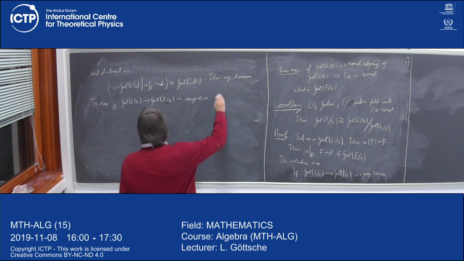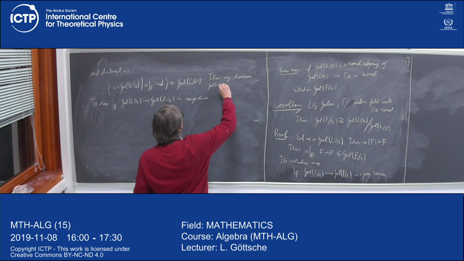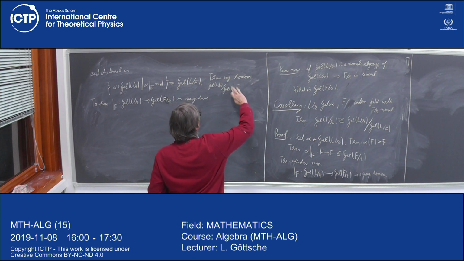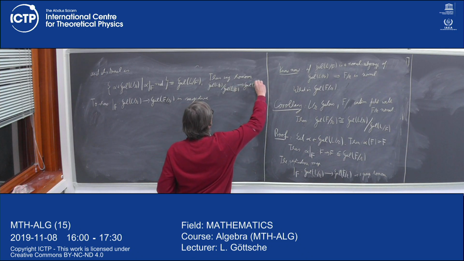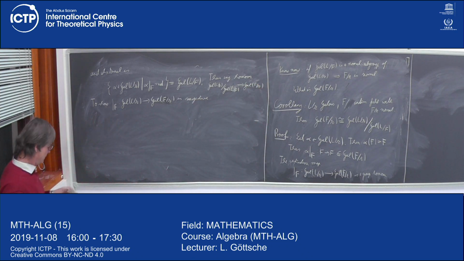from the Galois group of L over K divided by the Galois group of L over F. So the Galois group of F over K, and we want to show it's also surjective. But we can just look at how many elements they have.